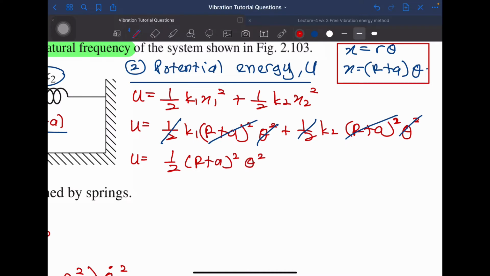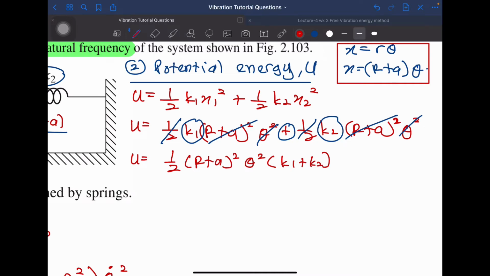Then I'll be left with K1 plus K2. This is what happens when I've already factored out all the same parts of the equation.